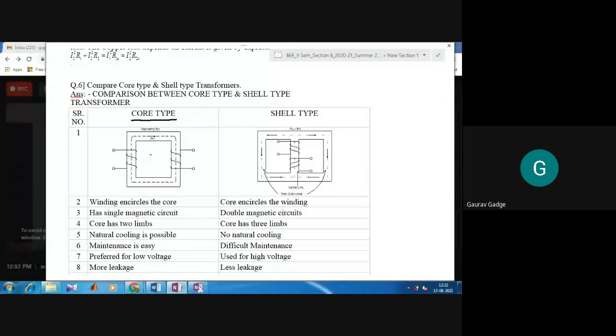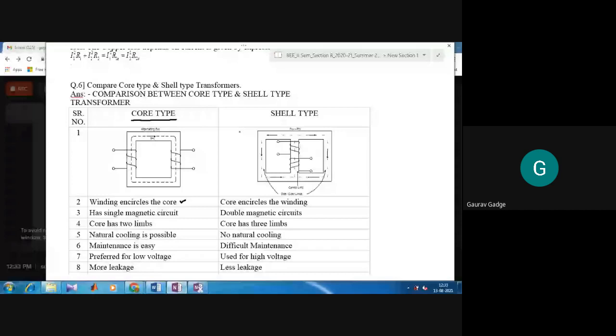So here we can say that the winding encircles the core. Whereas in the shell type of transformer, we give shelter to the winding. Shelter means a ceiling is generally given so that protection can be given to the system.